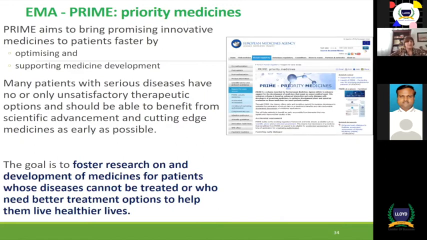The European Medicines Agency made this PRIME. I don't know whether you heard about this. This PRIME is a fast-track procedure and regulatory pathway for those researchers and those products which treat these kinds of unmet clinical needs. And for orphan drugs, they have different pathways.